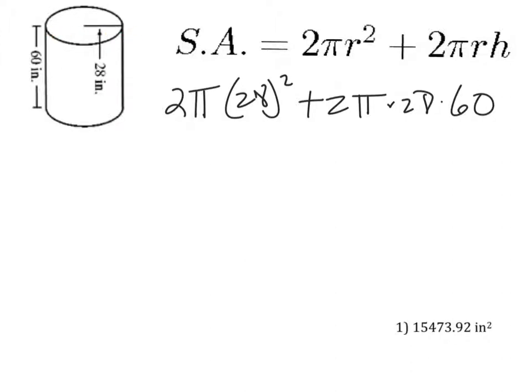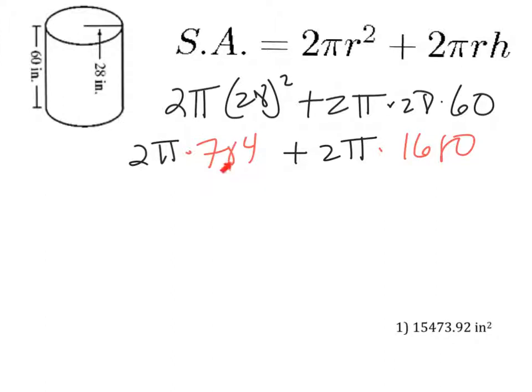Don't forget that. Alrighty, so let's go ahead and multiply this out. I'm going to square that 28, so that's going to be 2 pi times 784, plus 2 pi. I'm going to multiply the 28 and 60 out and get 1680.